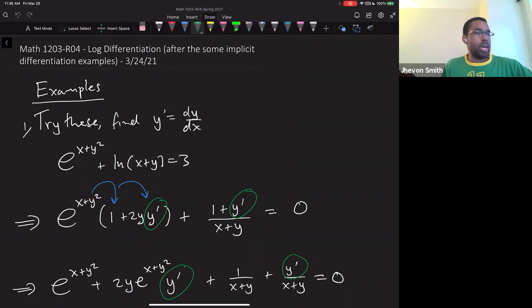Let me double check something while I'm here. Oh, never mind. I thought I had put the date in here.